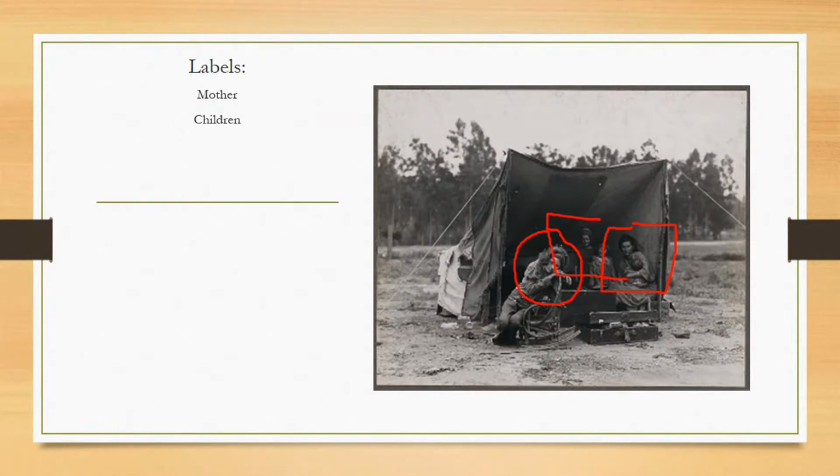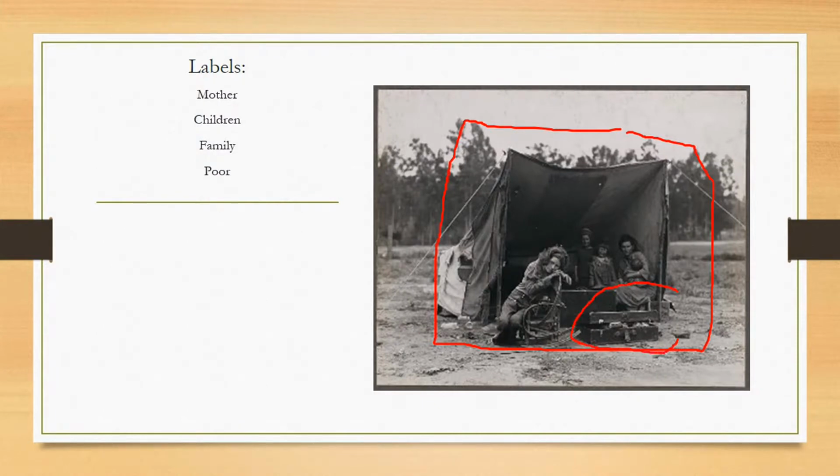These are children, obviously, because they're younger than the 2 ladies. Another label is that, judging that this is a mom and this is a mom, and we have children, there is probably a family involved. And judging by their shelter and their lack of possessions, this is the only thing I see that they maybe own, they look poor.